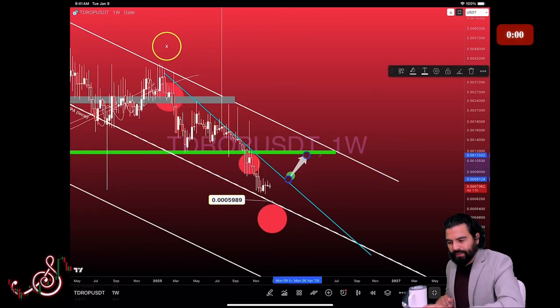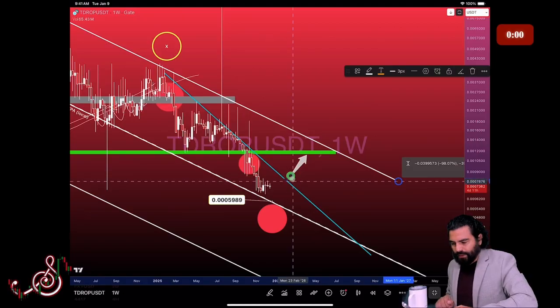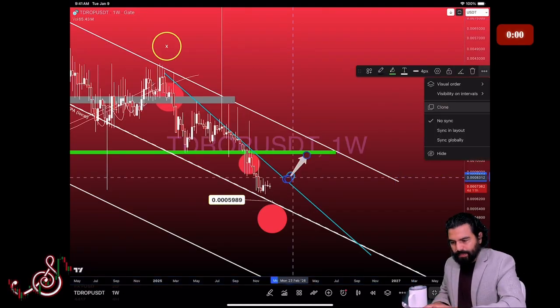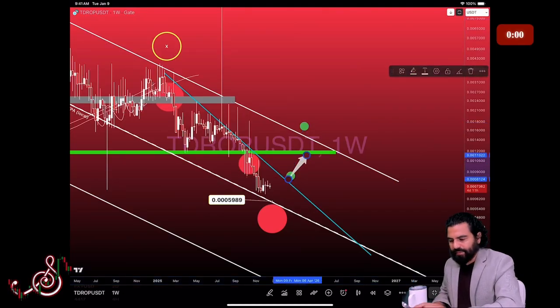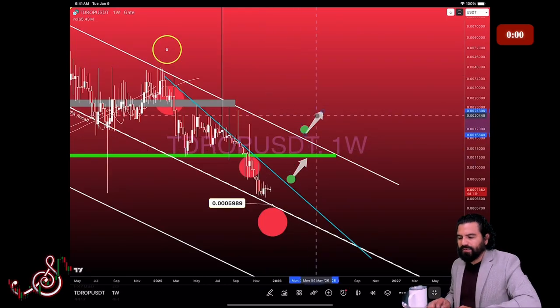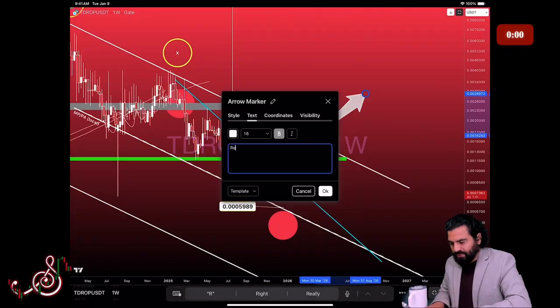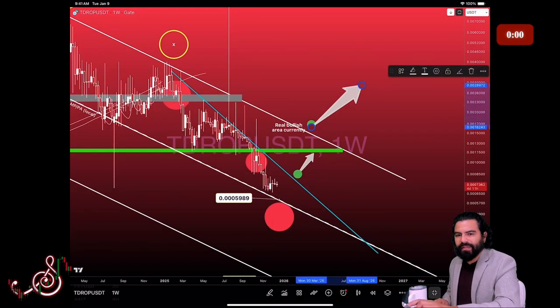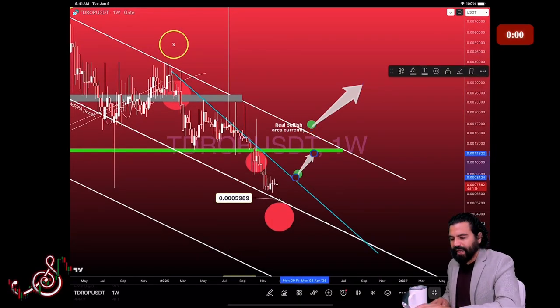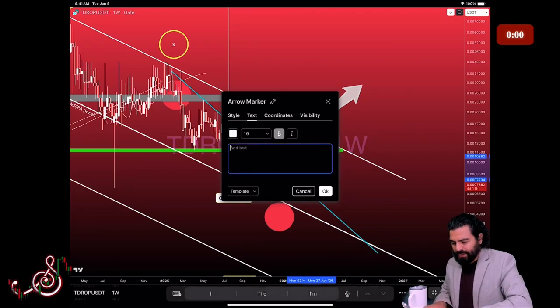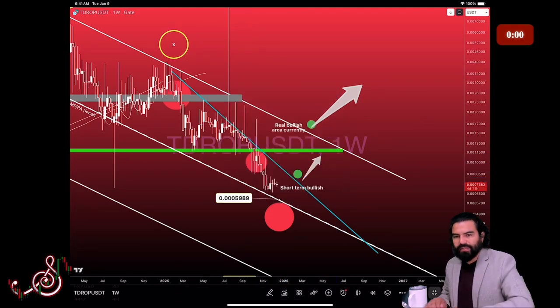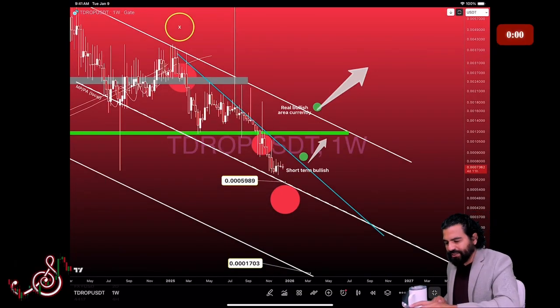And I need a health also to get me above there. This is where the real bullishness starts. And I'll see if I can put some words in here. Real bullish area currently. Or main bullish, maybe that would be a better area. And this is short term. Short-term bullish. I like Wednesdays because I can slow down and teach you guys some of these things.